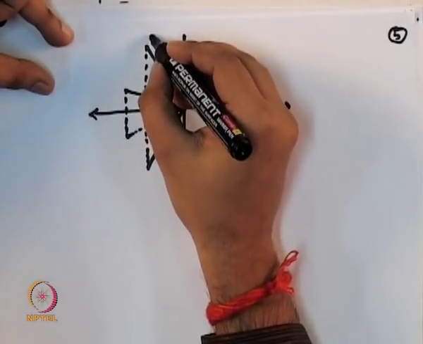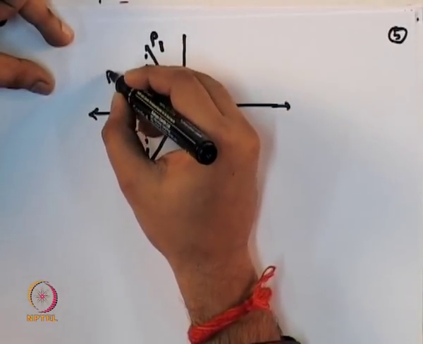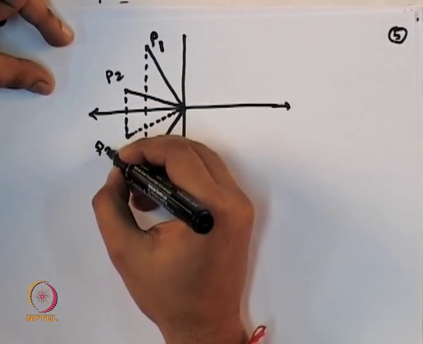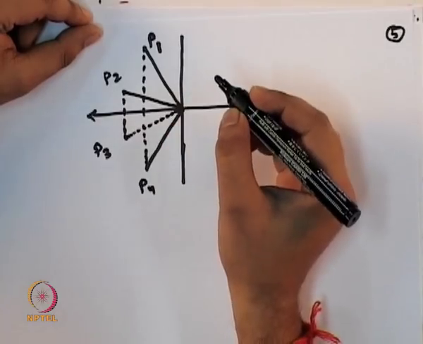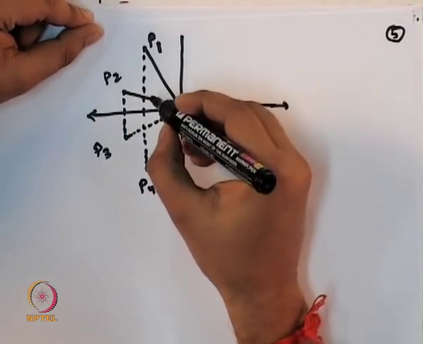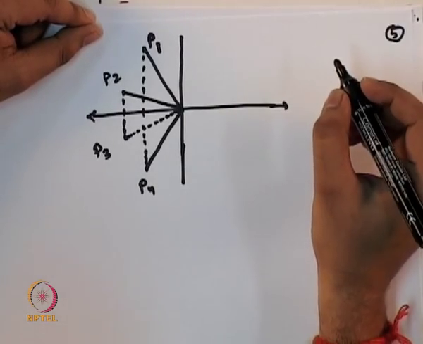So there are poles on the LHS, those are P1, P2, P3, P4. Talking about the angular separation between two poles, as I told, it is pi by 4, that is 45 degrees.